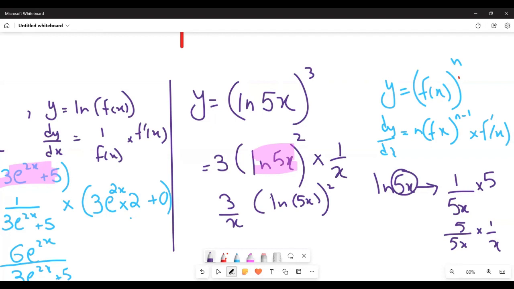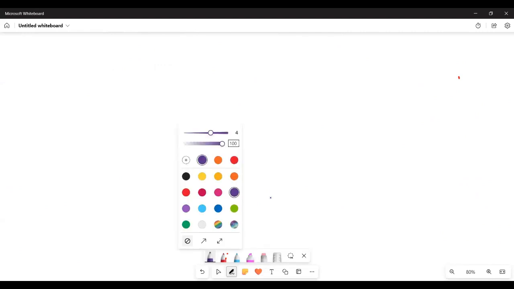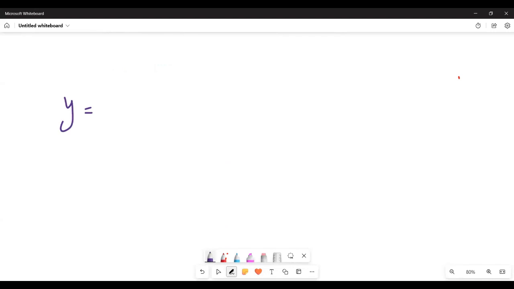Another question. y equals ln of 1 over 3x plus 1. One way of doing it is, it would be 1 upon f(x) first.